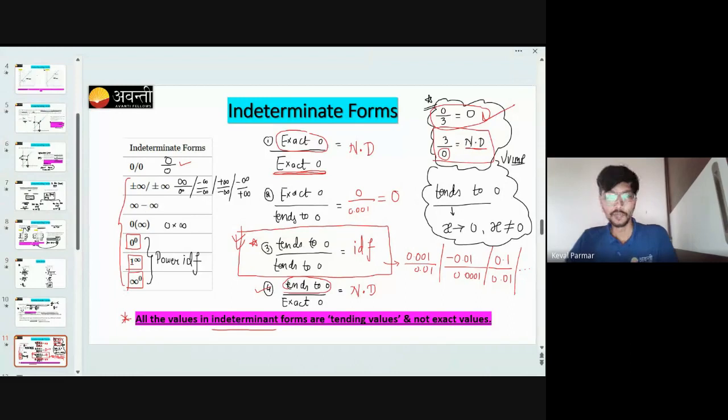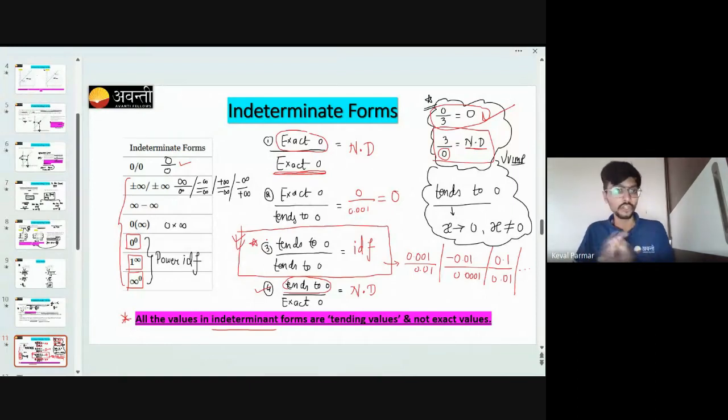I hope this clears a major confusion for the students. If you go through these cases again, case 1, case 2, case 3, case 4, and try to evaluate what we have done here, you will get a very clear idea of what indeterminate forms are.